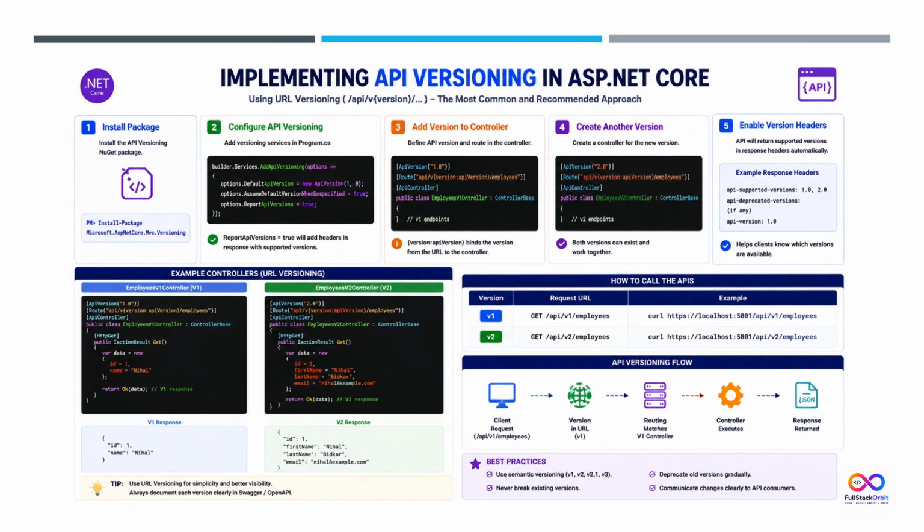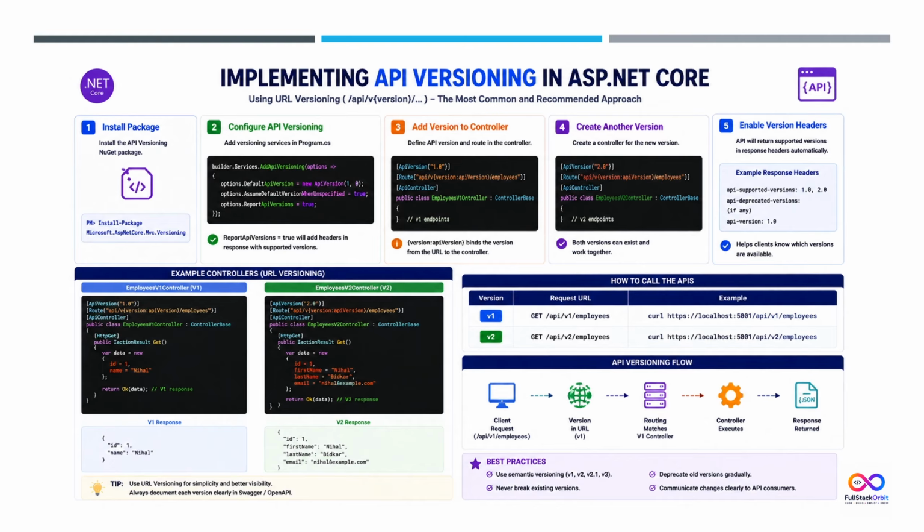Let's quickly summarize API versioning. API versioning allows multiple versions of an API. It prevents breaking existing client applications. ASP.NET Core supports API versioning using the package Microsoft.AspNetCore.Mvc.Versioning.